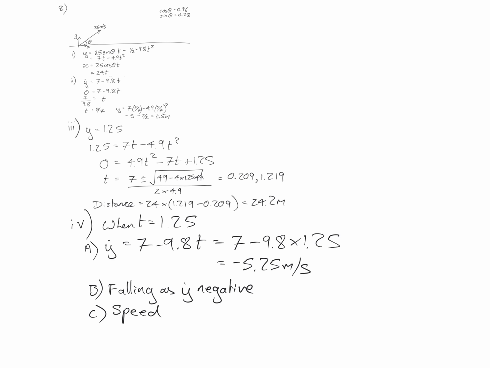The speed, well, it's travelling horizontally at 24, so it's 24 squared plus minus 2.5 squared, square rooted, which is 24.6 meters per second.